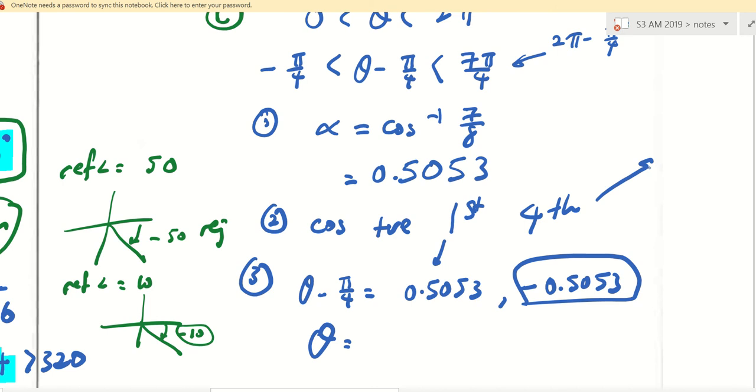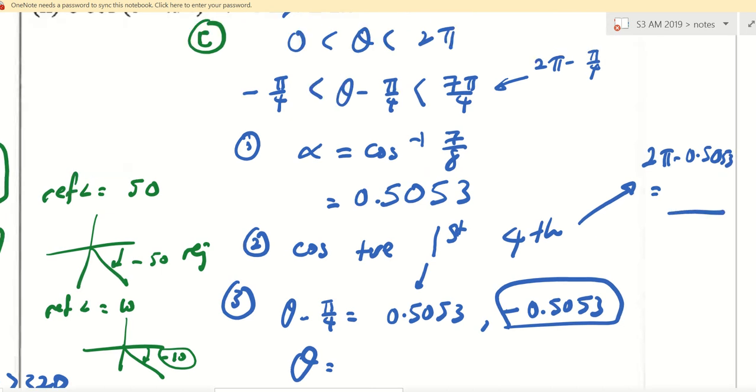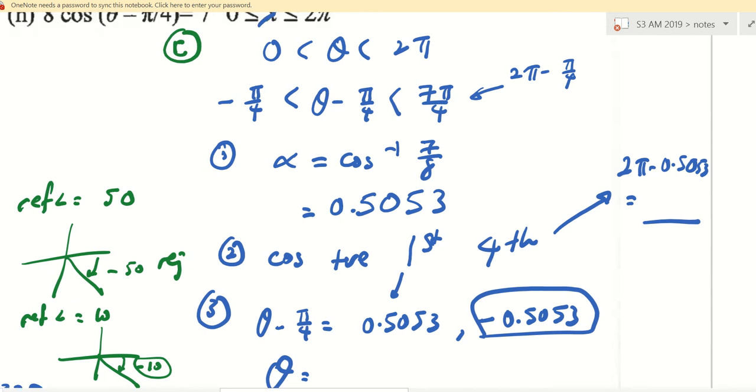Can you tell me 7 pi over 4 is what decimal number? Try 7 times pi over 4. What decimal number is that? 5.4. 5.7 is bigger than 5.4. Cannot. It's outside the range. Therefore, I must consider the negative angle.